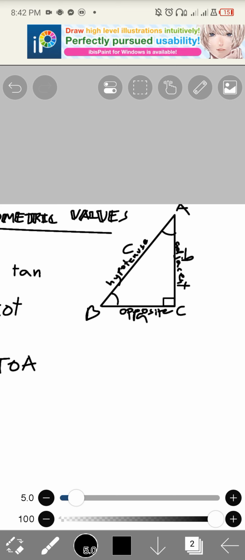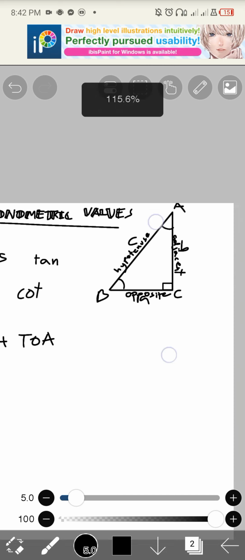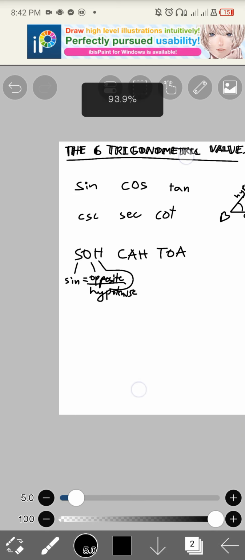It's easy to memorize the 6 trigonometric values.